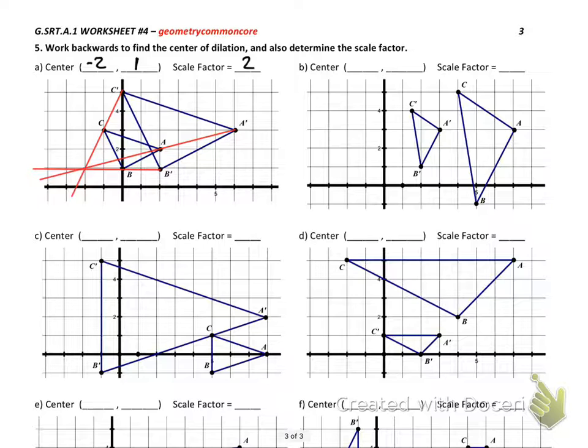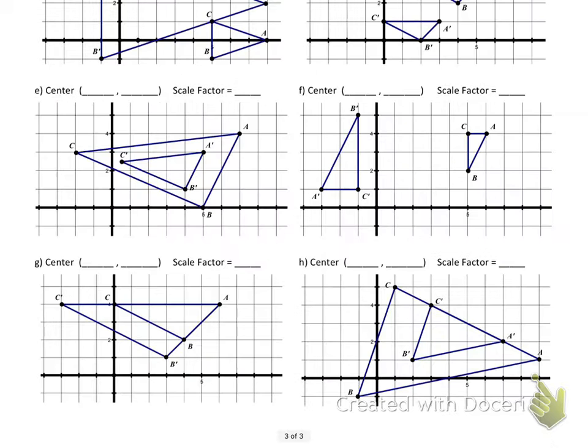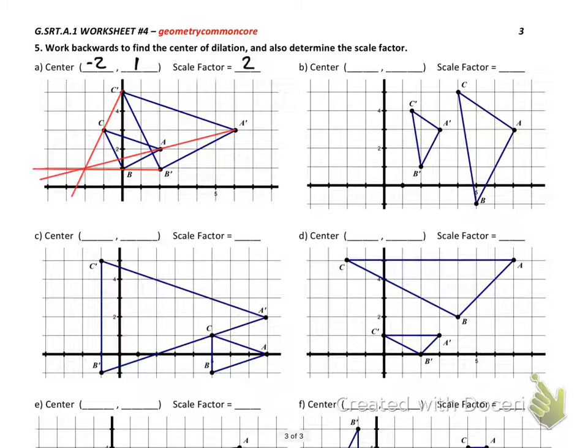So if we look at the next one, not the next one, but C. We'll look at C real quick. We'll find the center of dilation on this. Actually, I didn't want to look at C either. I wanted to look at, let's go with D. Okay, so with D, I'm going to line up A and A prime, and this one happens to work out where if I line up A and A prime, it also lines up B and B prime.